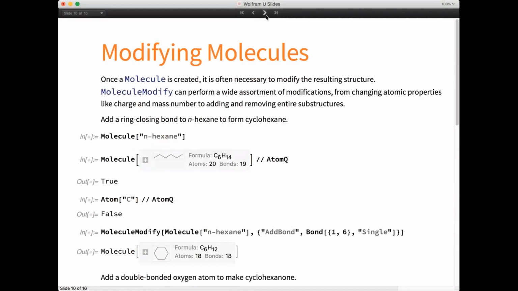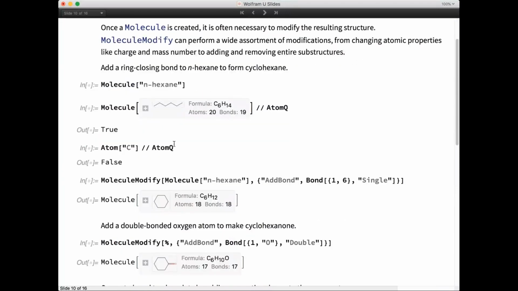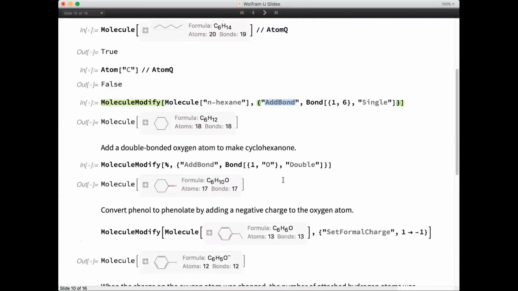If you want to make changes to the molecule, there's one big function called molecule modify that has a lot of different types of modifications. If you want to add an atom, you do molecule modify the molecule. In this case, we're doing add bond, but you can do add atom, add bond.